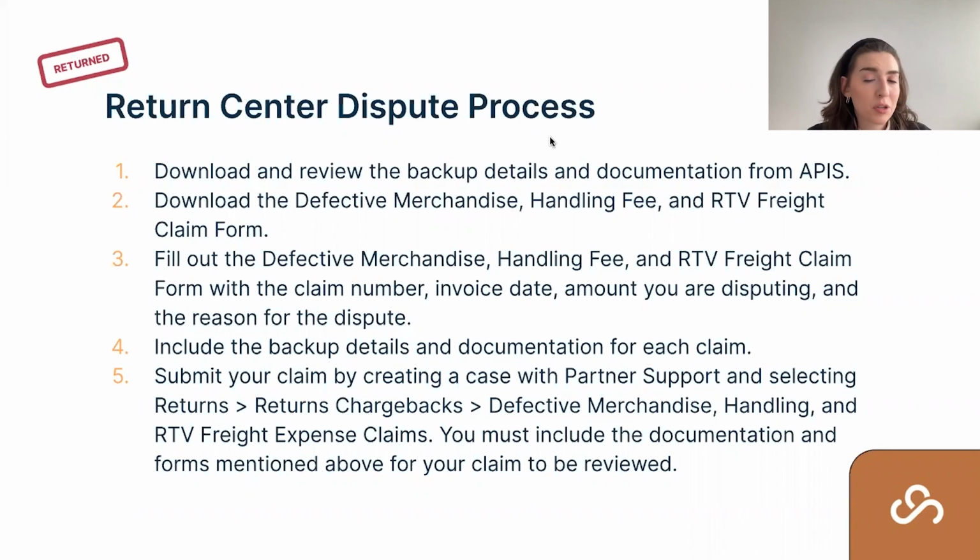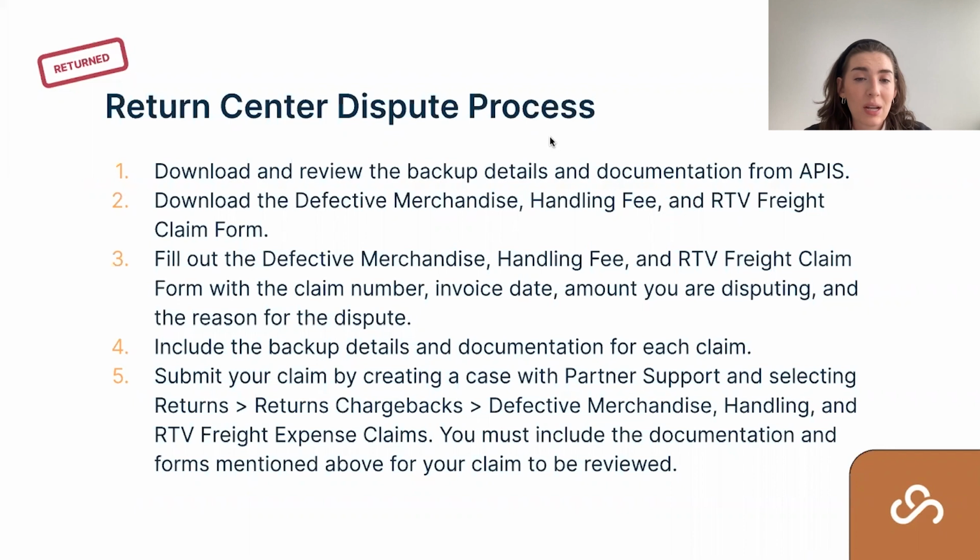Maybe you only get partial back, but that's one call out: dispute for the full claim. And then the reason for the dispute. The call out here is to use as much language as possible that is similar to what we've outlined. So if you can outline, this is a code 94 because of XYZ, that will be helpful for your dispute reasons.